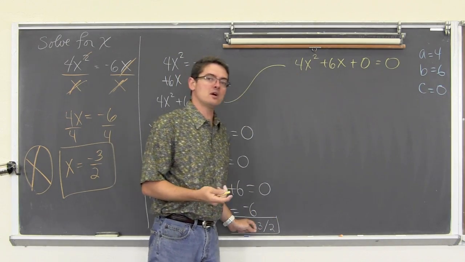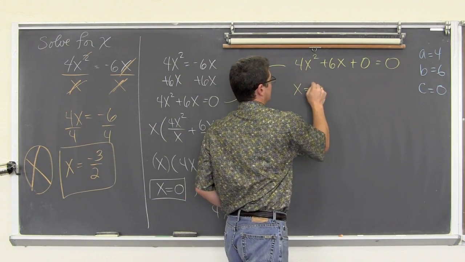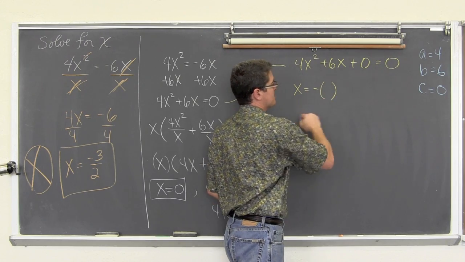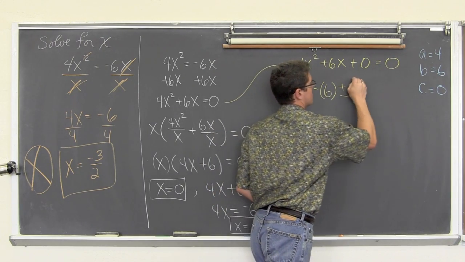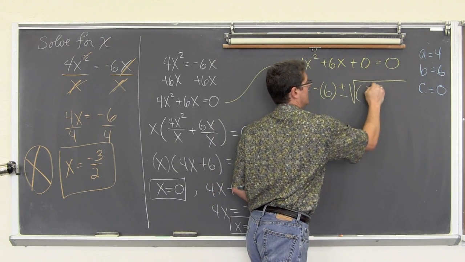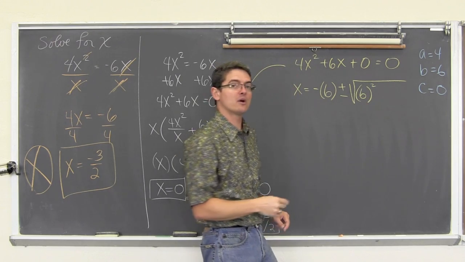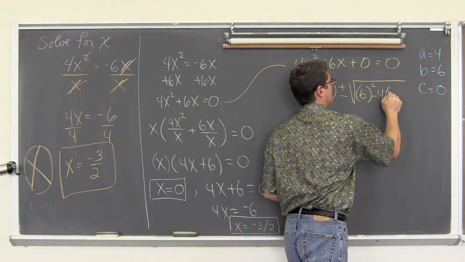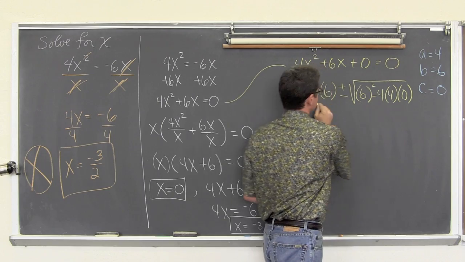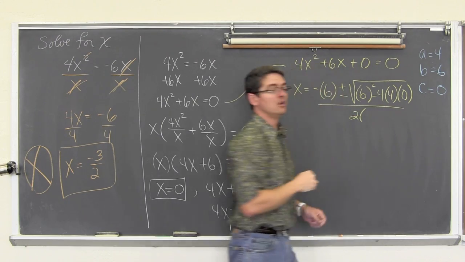Plug those numbers into the quadratic formula. Negative, or the opposite of B, plus or minus the square root of B squared minus 4AC all over 2A.